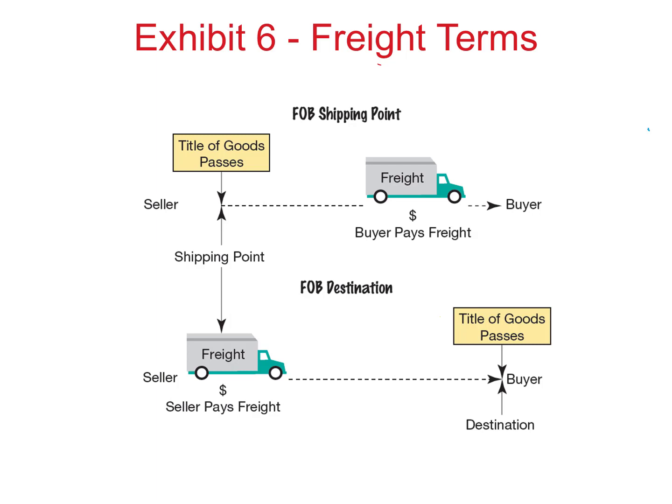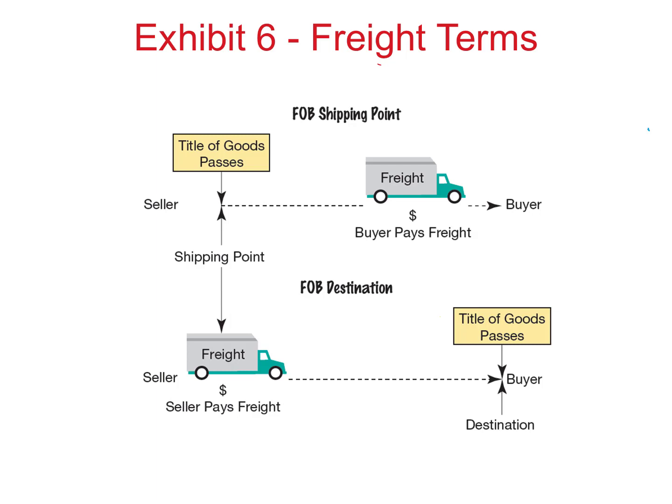In the other instance, we have FOB destination. In this case, the title transfers at the point when the buyer actually receives the goods. In some cases, the buyer receives the goods and also has these goods, the equipment or whatever it is, actually installed.